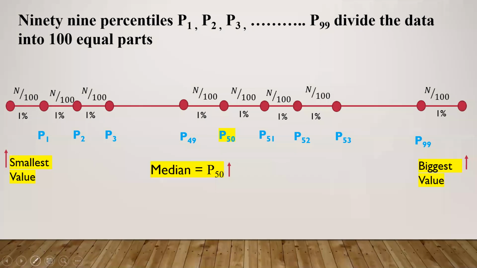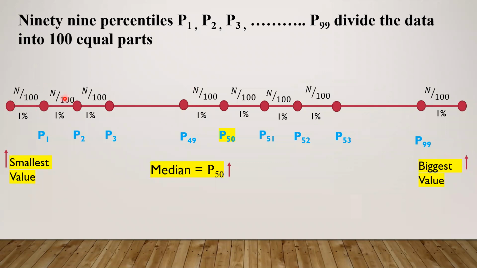Here, my data is from here to here. This is the smallest value, see here, indicated by an arrow, and this is the biggest value. Look at here, biggest value and this arrow.